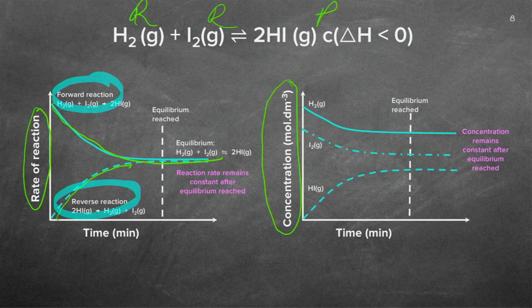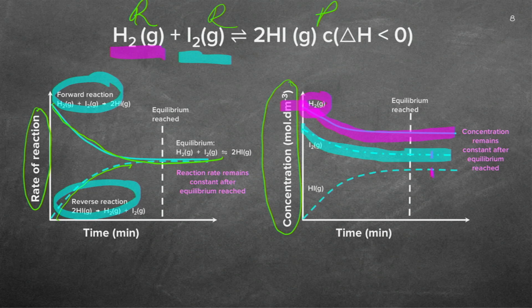I am starting with H2. Do you see I'm starting there with H2 with whatever concentration? And as the forward is taking place, it's lowering until it gets to that line which is parallel to this and this line. Can you see there? I'm also starting with I2, iodine, and it goes until it reaches that line.